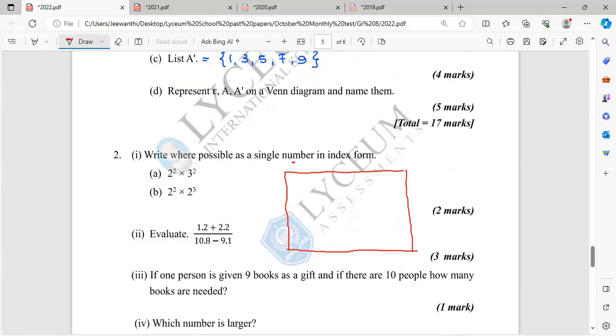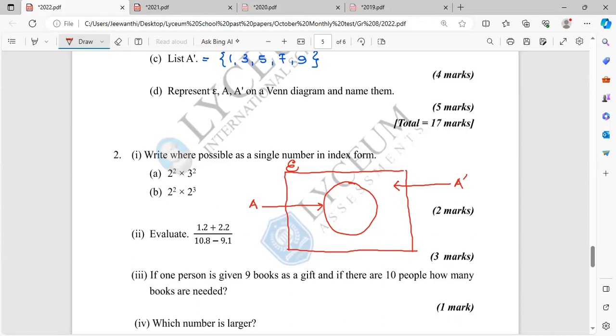And you write here the universal set sign. And you draw the circle to show the set A. And draw the arrow correctly to the circle itself, that is A. And then outside the circle, but inside the universal set, it is A dash.